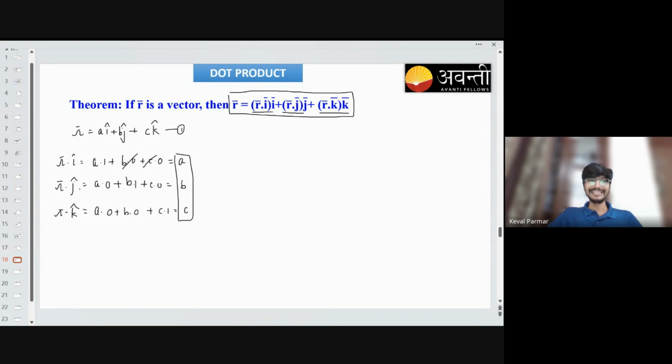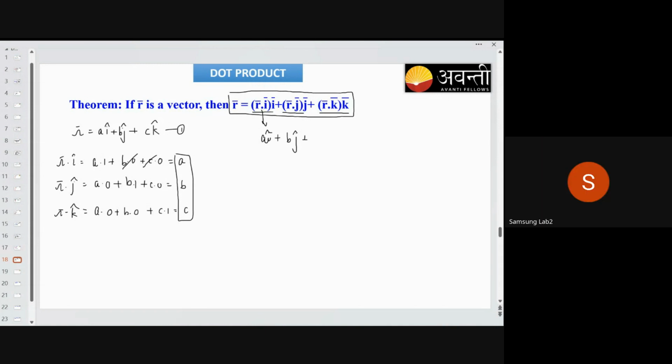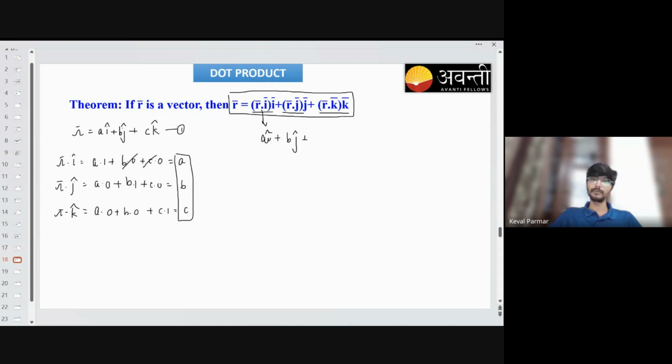So as you can see, R bar dot I cap I can write as A, so this is equal to A I cap. Similarly, R bar dot J cap I can write as B, and similarly R bar dot K cap as C. So that means I can write it in terms of dot product.